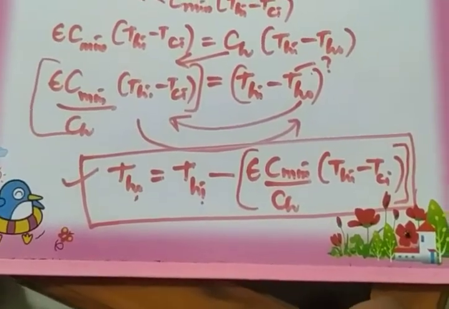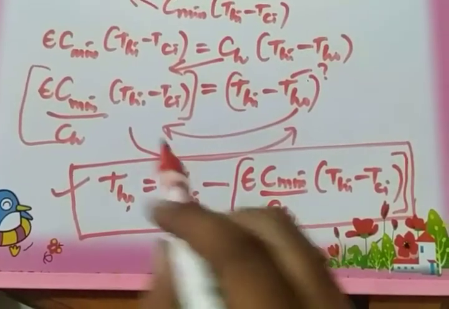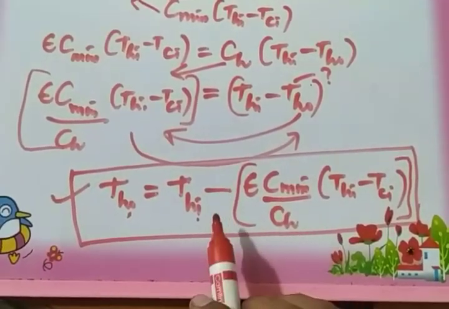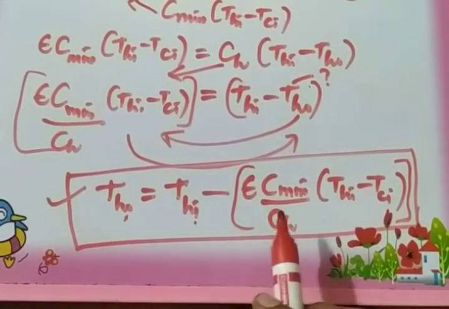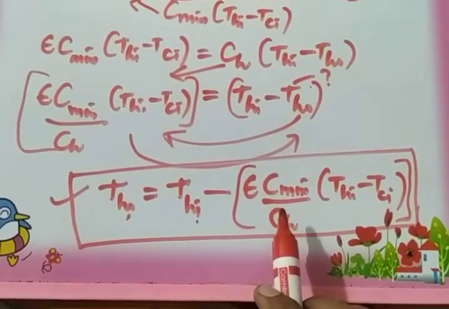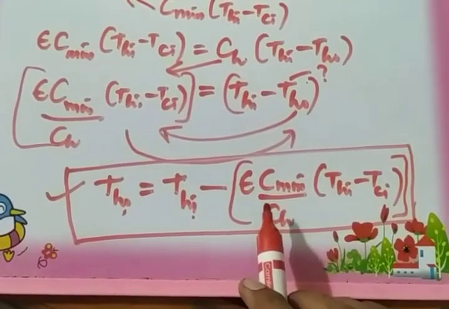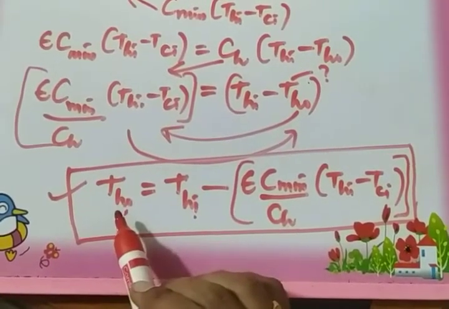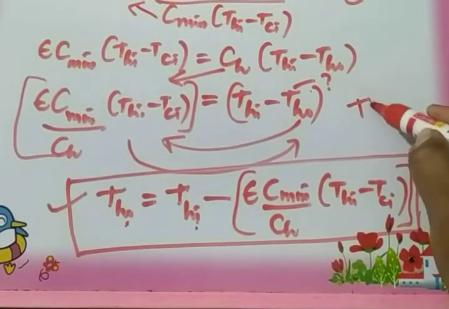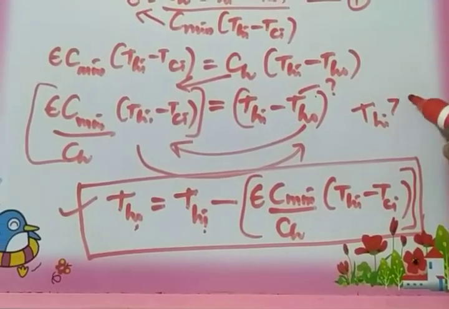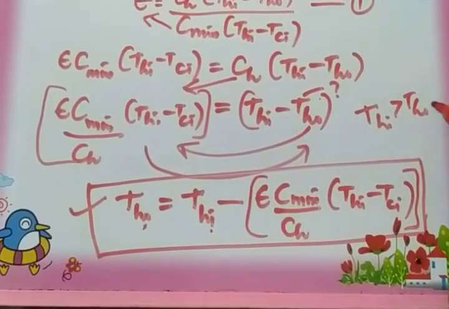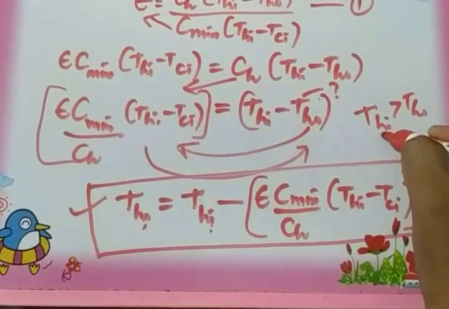Obviously, it is common sense that whenever the hot fluid flows into the heat exchanger, it keeps on losing heat. So when it comes out at the exit of the heat exchanger, the temperature, called THO, is obviously lesser than THI, correct? So THI is greater than THO, or THO should always be lesser than THI.